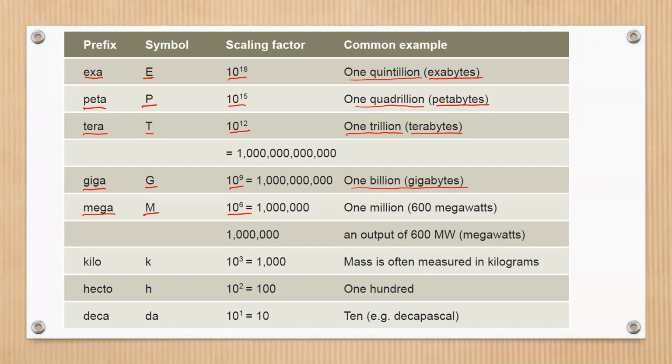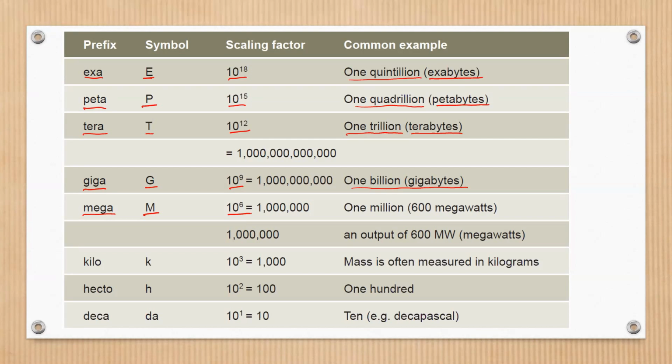So we are going to see where we use these numbers in everyday life. Megabytes, gigabytes, terabytes, petabytes, and exabytes are used in data transfer in computers.